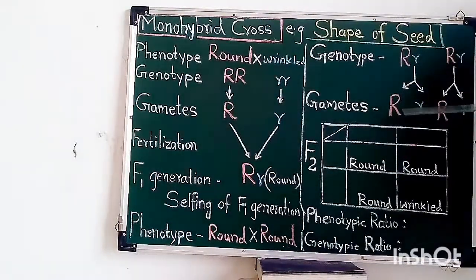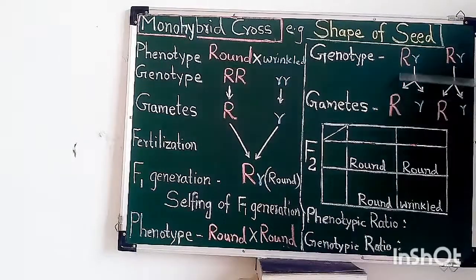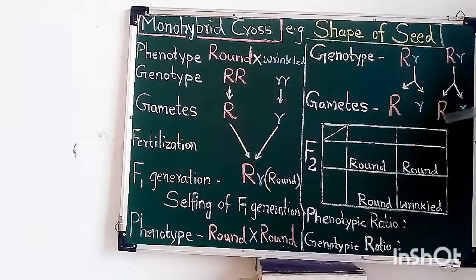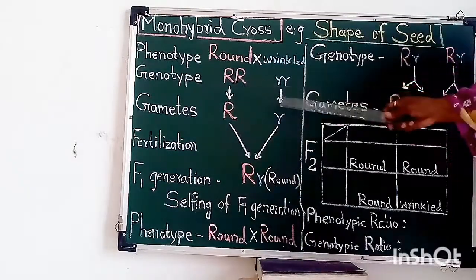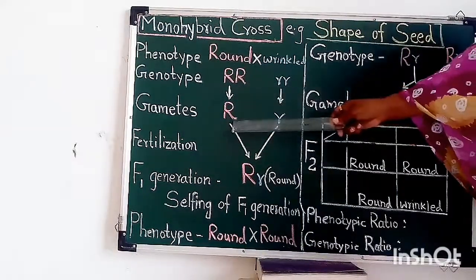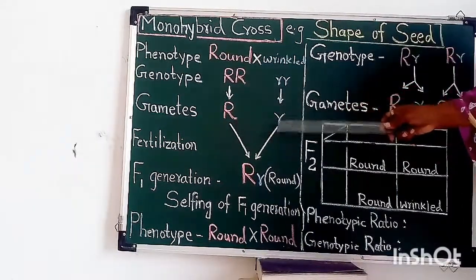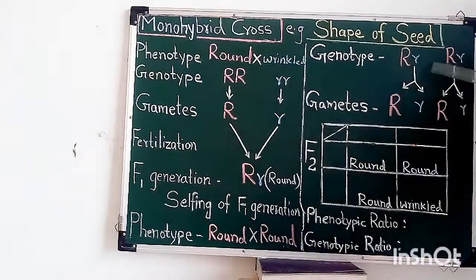One thing you have to remember is, since this is heterozygous, two different types of gametes will be formed. In the earlier case, both the parents were homozygous, so the gametes formed were also of the same type. But here the parents are heterozygous, hence the gametes formed are different types of gametes.